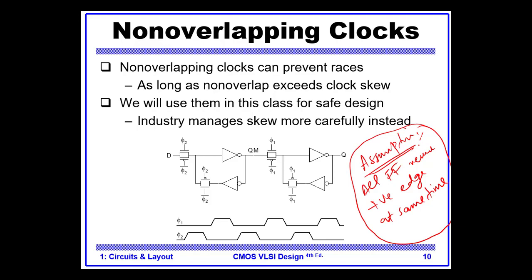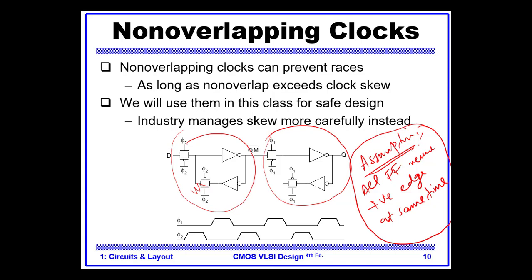One very simple solution is that we consider all the clocks non-overlapping. For example, the flip-flop master and slave have a phase difference, they are out of phase, so when one is low the other is high. In that case we are using two different clocks. They are not connected with a NOT gate. We are using two different clocks with a phase difference, so it reduces the chances of clock skew.